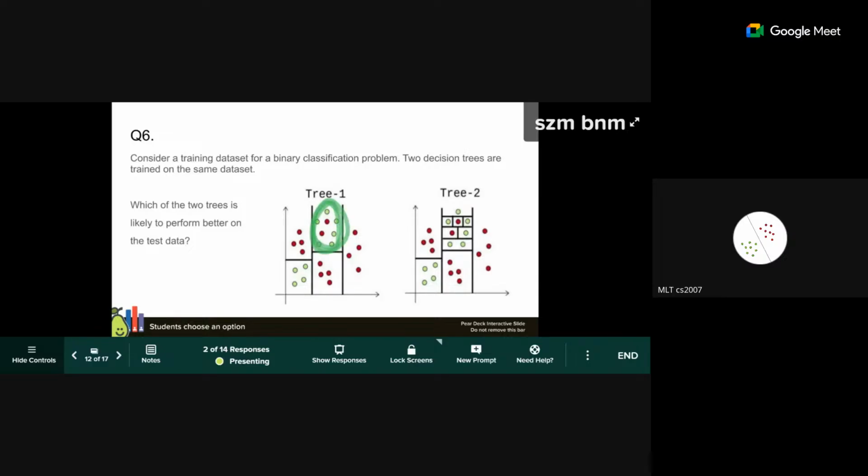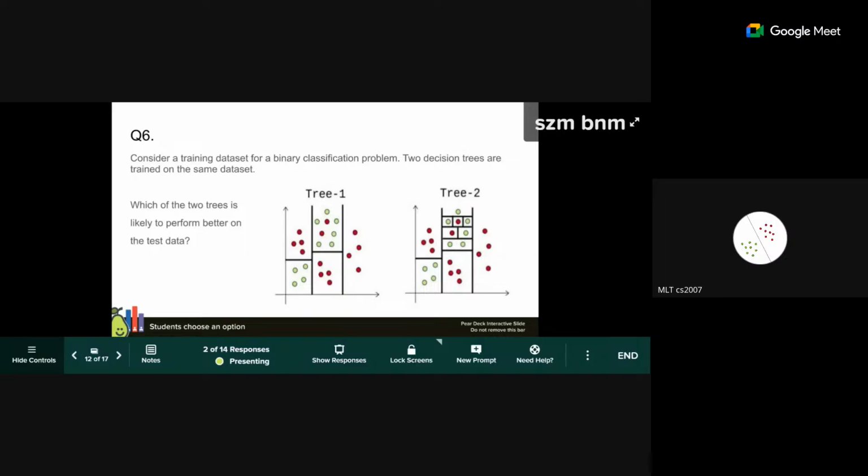But it's okay. If you look at the second tree, here you have overfit the data. You are trying to make the training error exactly zero. So you're overfitting it, right? If you get some data point which falls here, then you're going to predict it as negative.